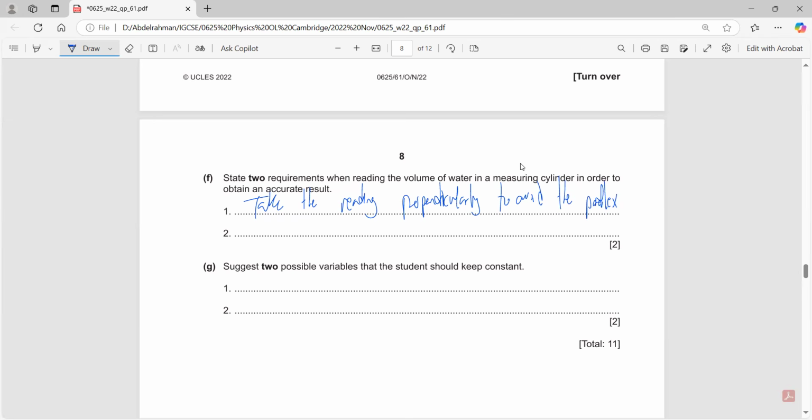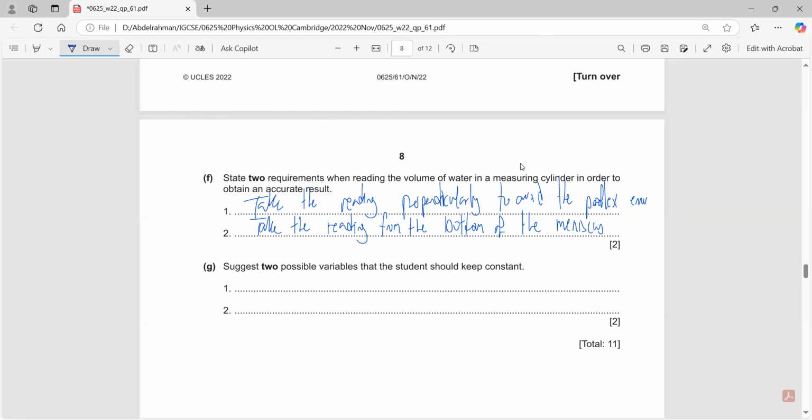And second of all, you need to take the reading from the bottom of the meniscus.